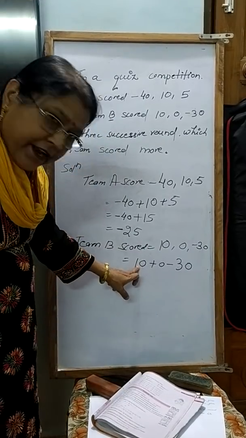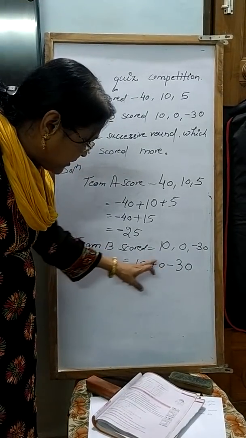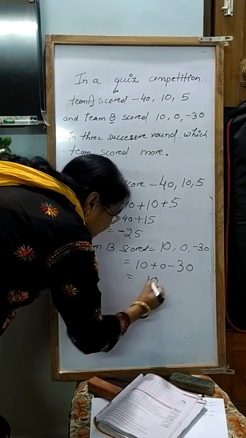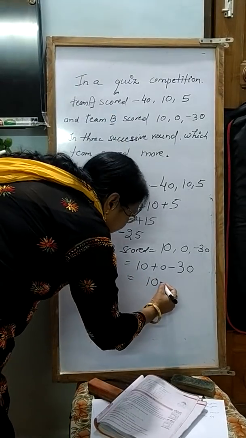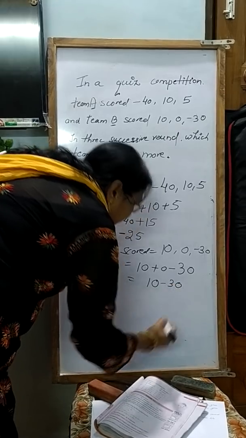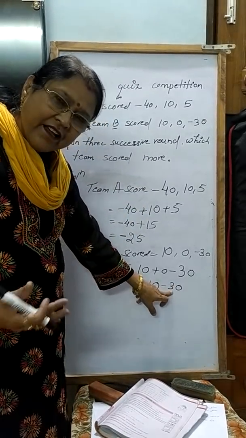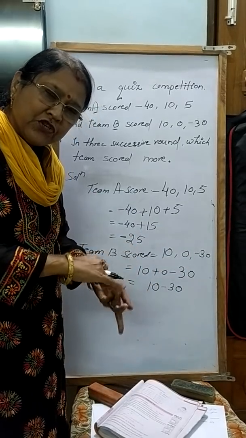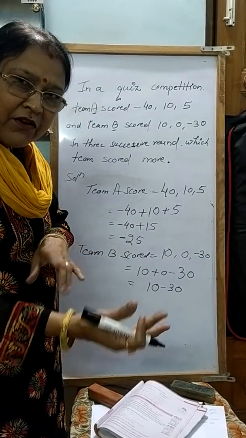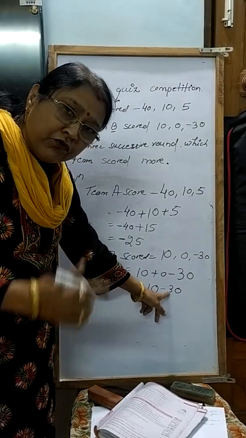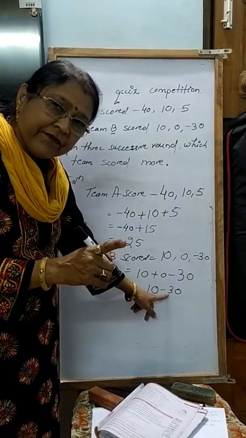Now as you know 10 plus 0, 10 और 0 अगर हमने ऐड किया you know that is equal to 10 and this is -30. Now 10 minus 30. Again one number is positive, another one is negative. If one number is positive, another one is negative, you have to do the subtraction.